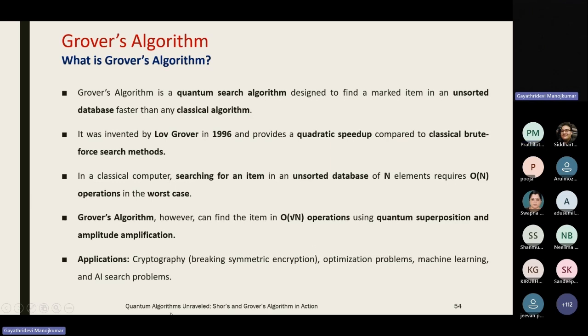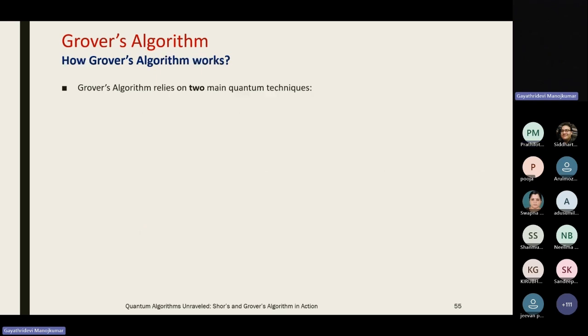Along with entanglement and interference, Grover's can achieve this particular time complexity. Grover's algorithm can also be used in cryptography to break symmetric encryption, optimization problems, machine learning, AI search problems, etc. These applications can be used.